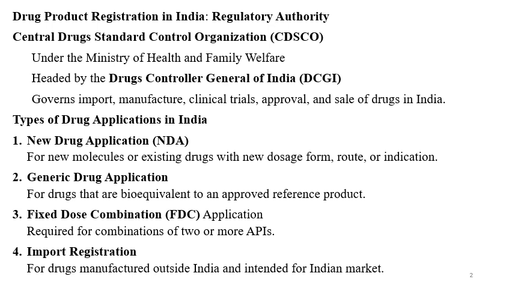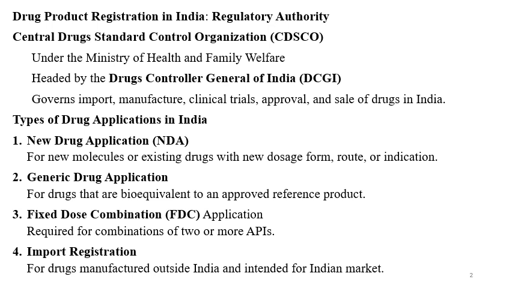The Drug Regulatory Authority of India is CDSCO. CDSCO means Central Drugs Standard Control Organization, and this organization regulates and controls the drug product registration and approval in India. It is under the Ministry of Health and Family Welfare of Government of India.